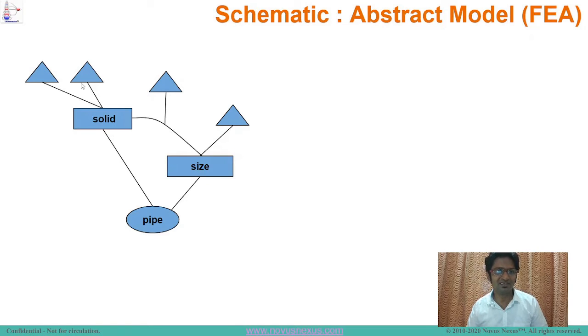The triangles shown here represent the attributes. The attributes are specified on the classes, on the relation of the classes, or on the closure entities of the classes, based on the requirement.